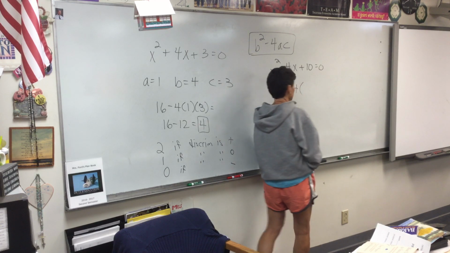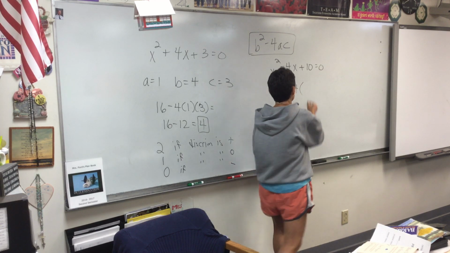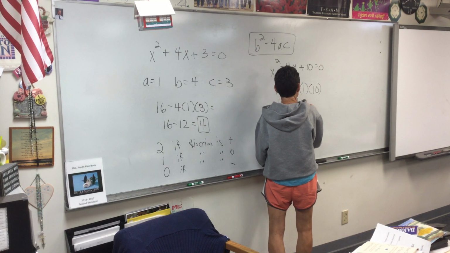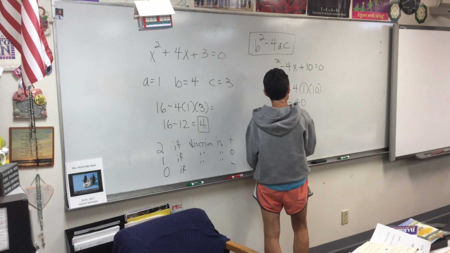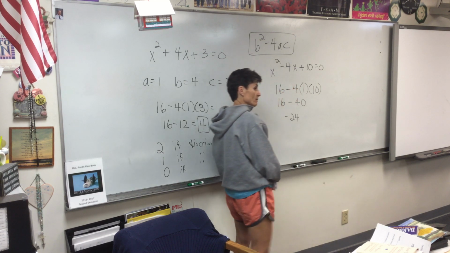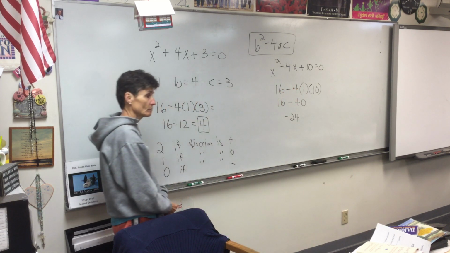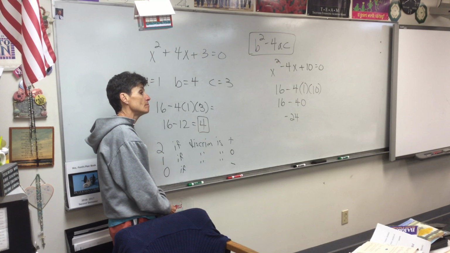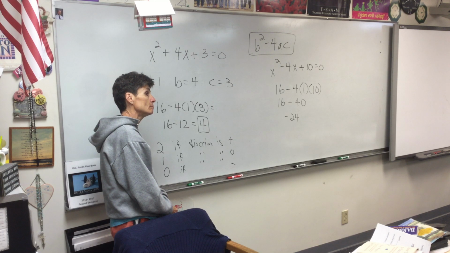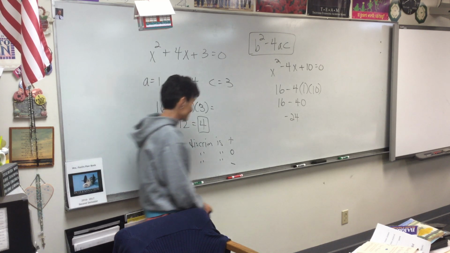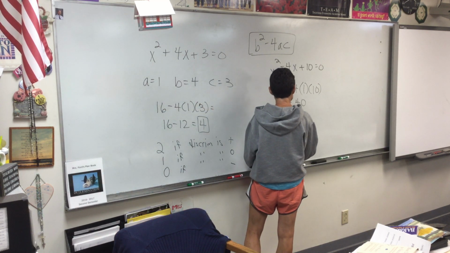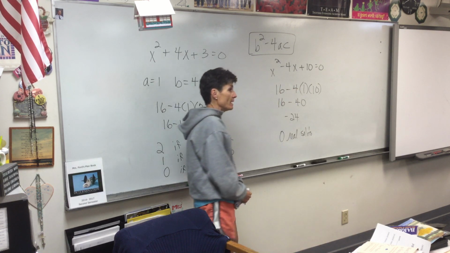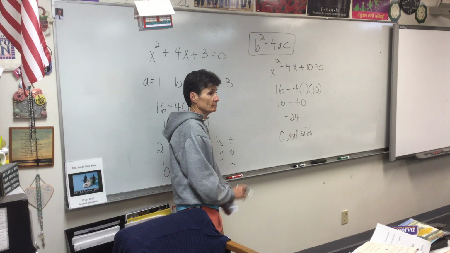Minus 4 times 1 times 10. Good. So I'll figure that out. That's 16 minus 40, which is, I think, negative 24 if I did my arithmetic right. Yep, that's right. No real solutions. That's exactly right, because your discriminant turned out to be a negative number.